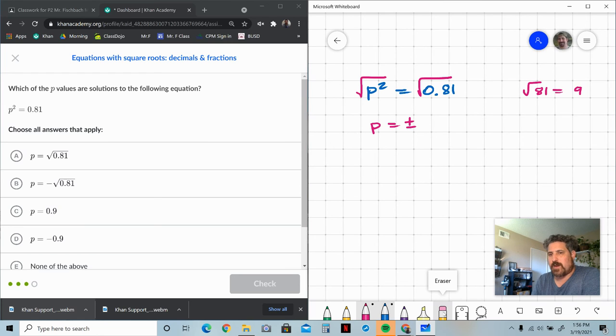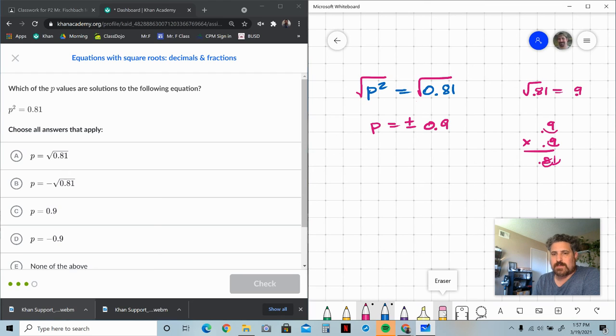So the square root of 0.81, because you have the 2 decimal places that are moved to the left, you can actually make it 1 decimal place here. So you could say that 0.9 is going to be 0.81, right? Because when you do 0.9 times 0.9, guess what you're going to get? You're going to get 81, but then move it 2 to the left, right? So that is the answer.